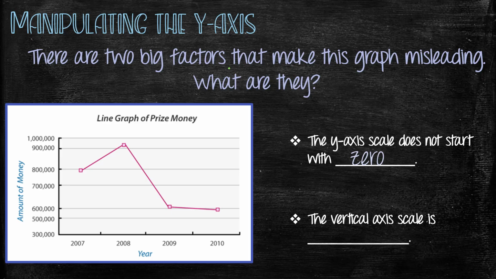Vertical axis scale is, wow, look at that. Very inconsistent. You went from 300,000, there's a gap to 500, then 600,000. But the space between that 600,000 and the 700,000 is not the same gap as between the 500,000 and the 600,000. Boo.